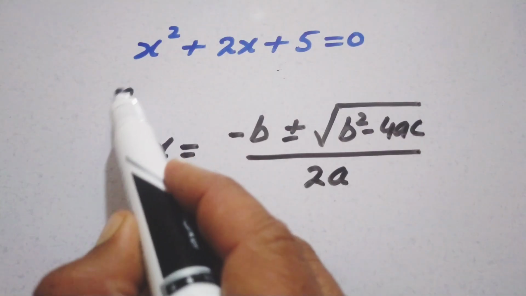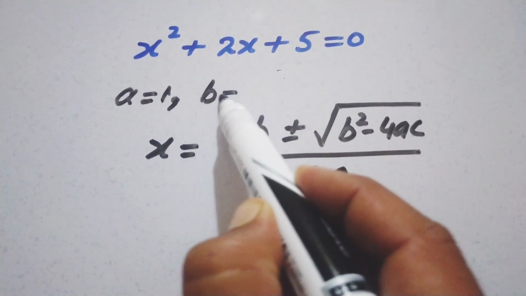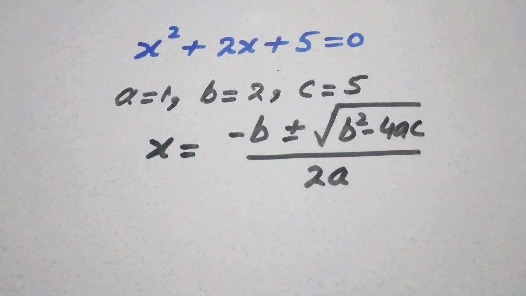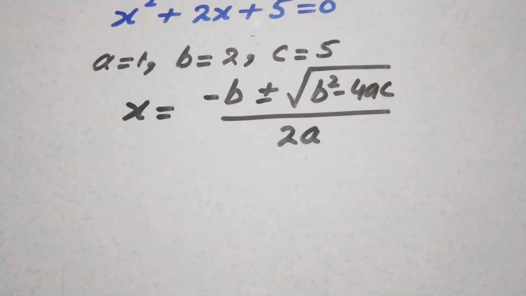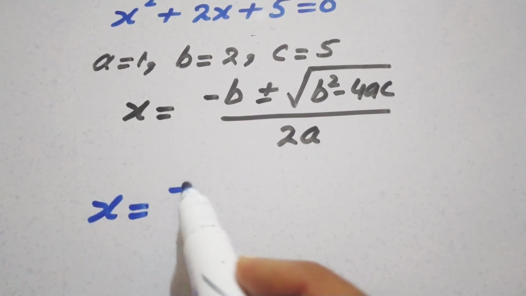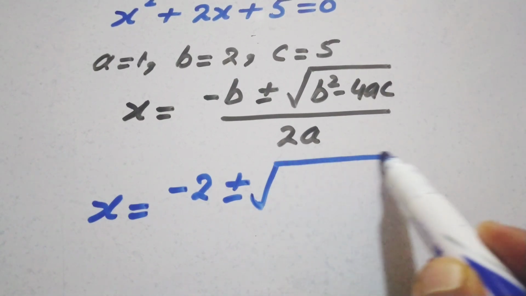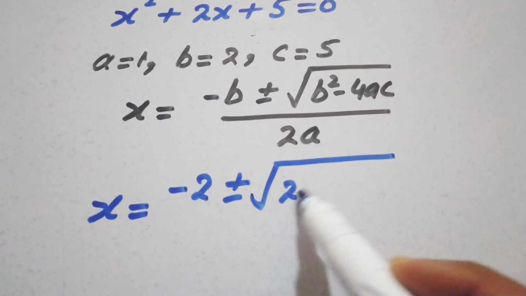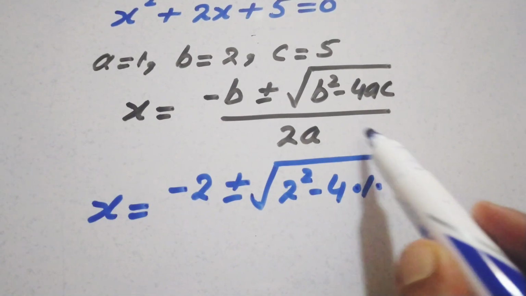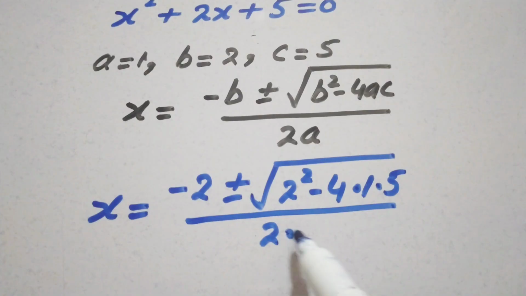And here a is equal to 1, b is equal to 2 and c is equal to 5. So by using these values in this quadratic formula, we get x is equal to minus 2 plus minus square root of b squared, which is 2 squared, minus 4 multiplied by a, which is 1, and multiplied by c, which is 5, divided by 2 multiplied by a, 1.